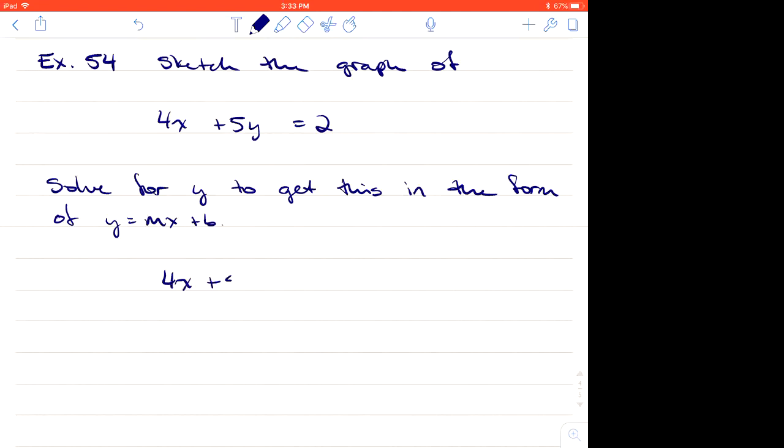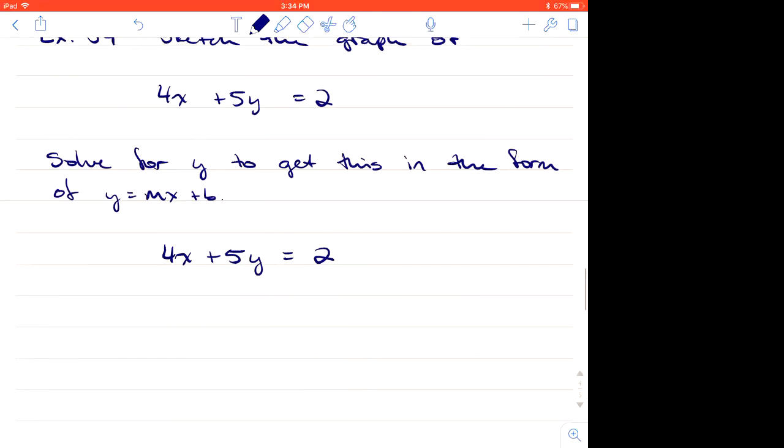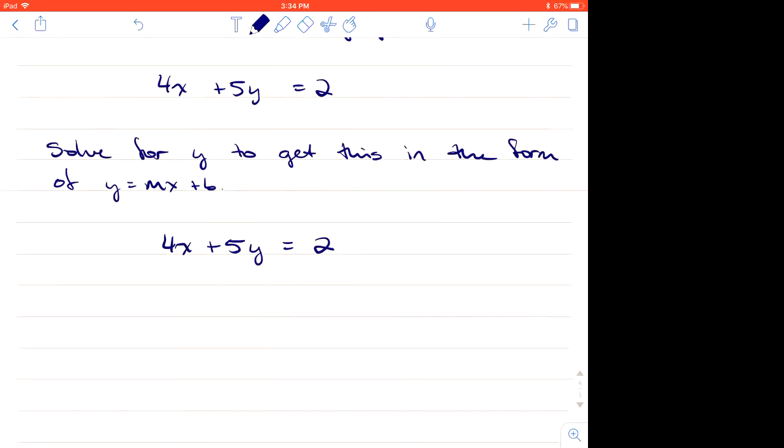So we have 4x plus 5y equals 2. You'll notice that I always start with my original equation, right? I always write that out, no matter how tedious it feels. Okay. And then, so to solve for y here, we're going to move the 4x over to the right-hand side, right?